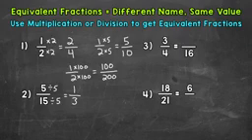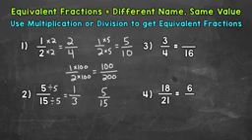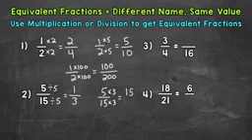Let's use multiplication as well to find 2 more examples of equivalent fractions to 5/15. So I'll come to the right here, rewrite our original fraction, and let's multiply both by 3. So 5 times 3 gives us 15. And then 15 times 3 gives us 45. So 15/45 is another example of an equivalent fraction to 5/15.